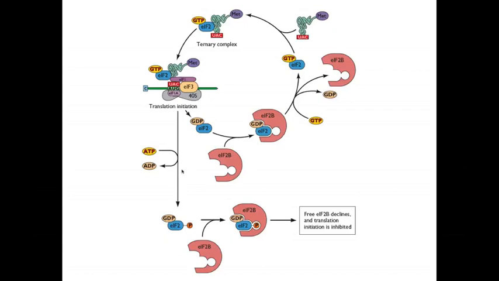The eIF2 subunit can be phosphorylated, as you can see here, and we'll talk about what does that in a moment. When eIF2 is phosphorylated, it will still bind eIF2B, the guanine exchange factor, but it binds so tightly that it cannot be released.